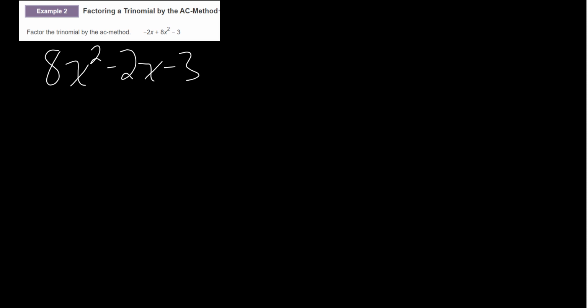Alrighty, so we're going to look at the A value and C value. The textbook would say 8 times negative 3, but I'm just going to deal with the positive form of it, and then mentally deal with the negative aspect. So same as the previous slide, a times c is equal to 8 times 3, which is equal to 24.